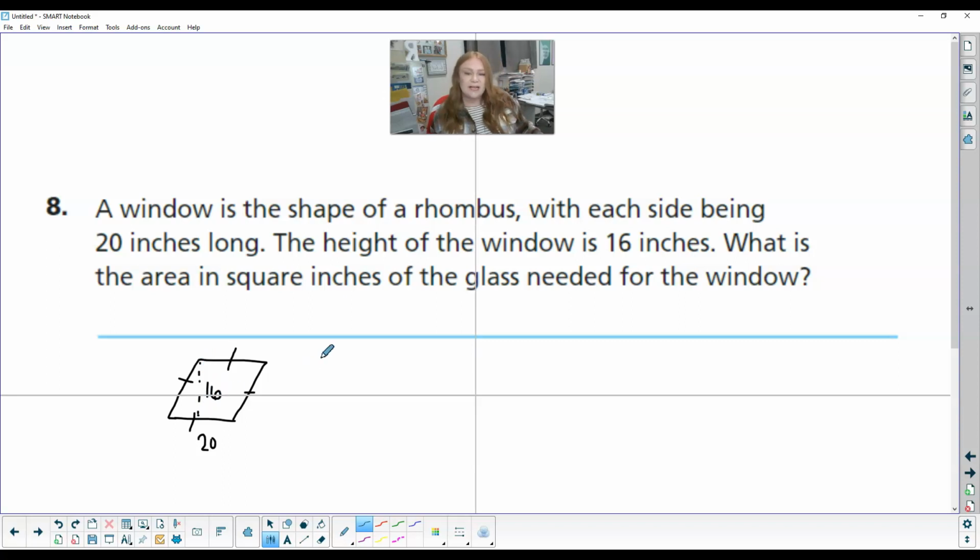What is the area in square inches of the glass needed for the window? Area is base times height. The base is 20. The height is 16. When I do 16 times 20, that will give me my answer. And we are measuring in inches, so inches squared once I have done that problem.